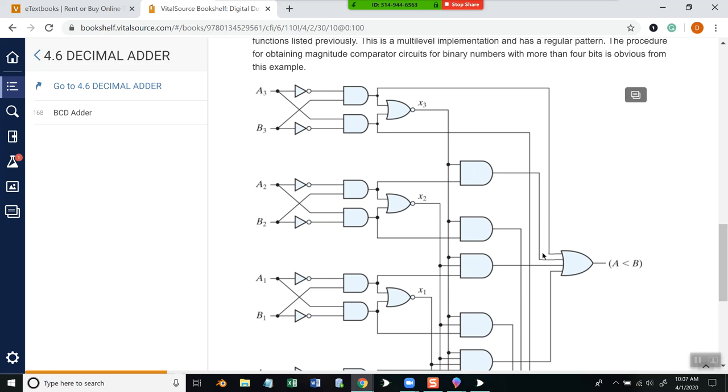So that's probably this next line here. Maybe not. What in the world is that one? That's A2 prime B2 and x3.